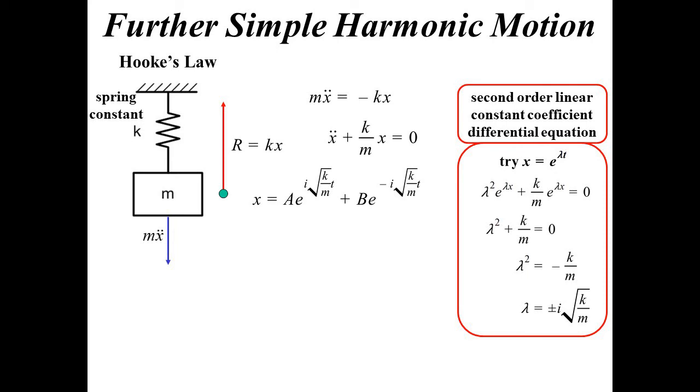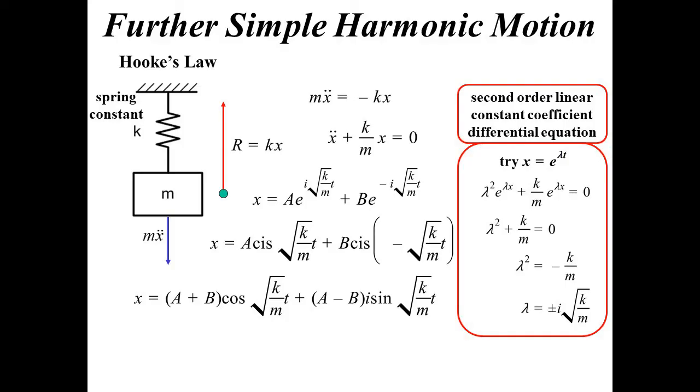Remember, e to the i theta, I can rewrite as cis theta. So x will now be a plus b cos of root k on m t plus a minus b sine root k on m t. Now, we know that when t equals 0, x is equal to 0.